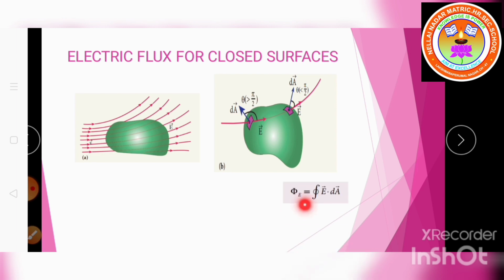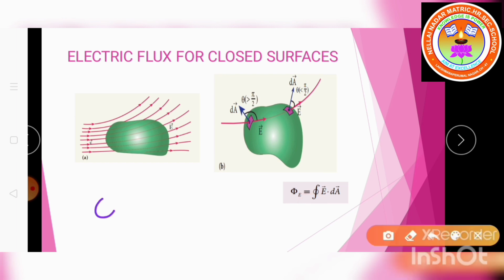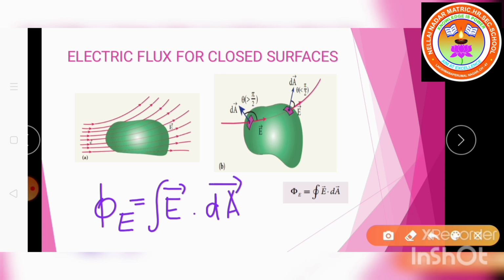If we calculate the total electric flux, we get the formula phi E is equal to, very important here, children. In the first formula we wrote phi E is equal to the integral of E vector dot dA vector. This is for the arbitrary surface.